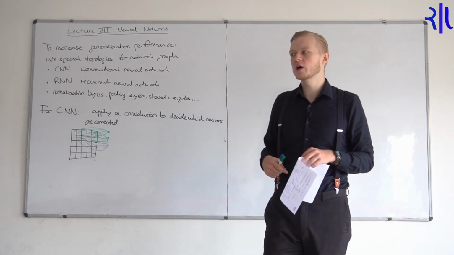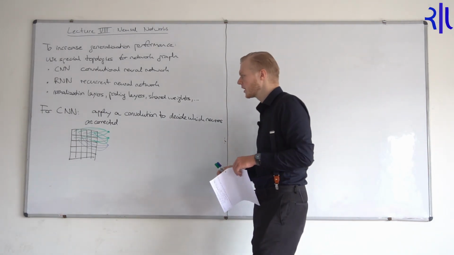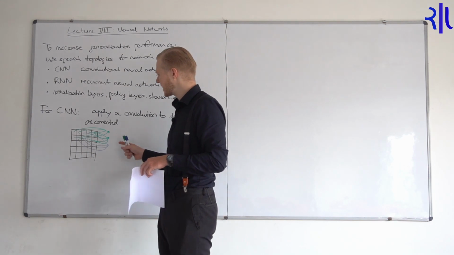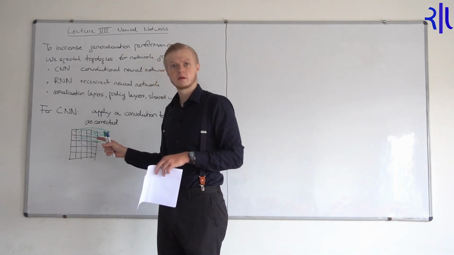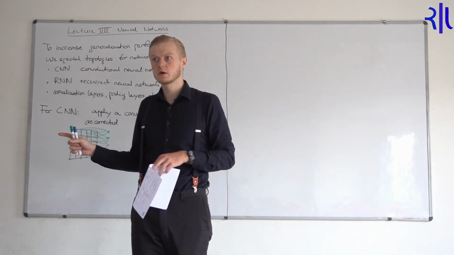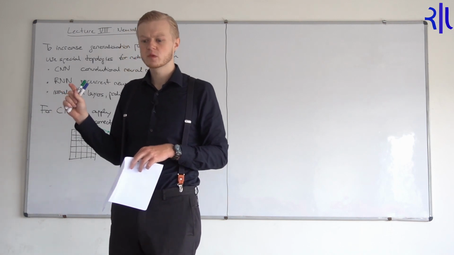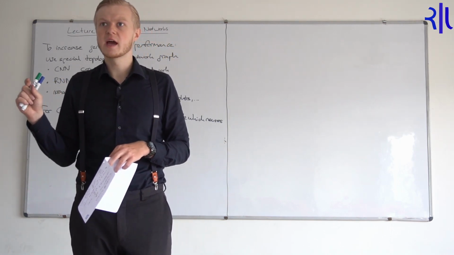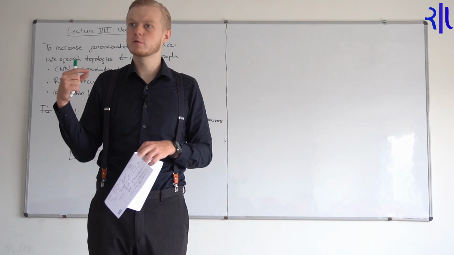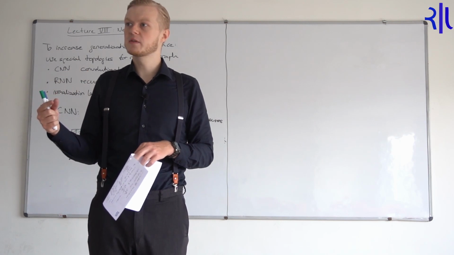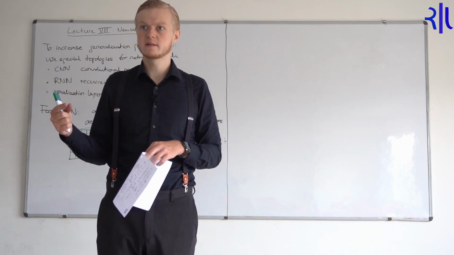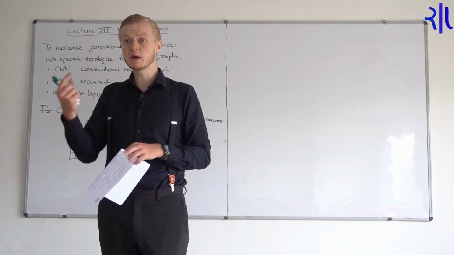And you can then combine that, for example, with pooling, where you can take a bunch of closely neighboring neurons, and you can, for example, take the maximum of their activations. Why would you do that?